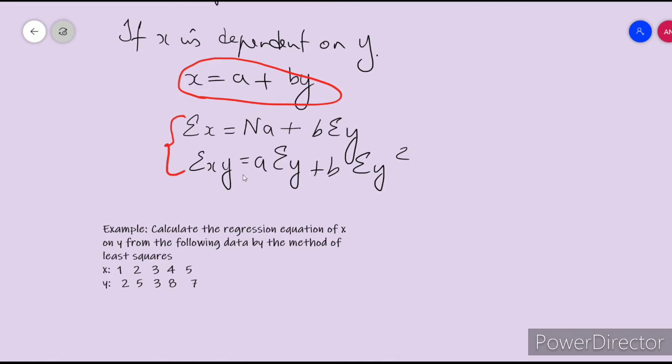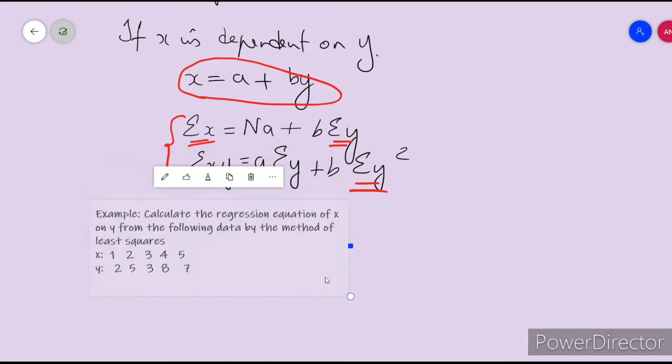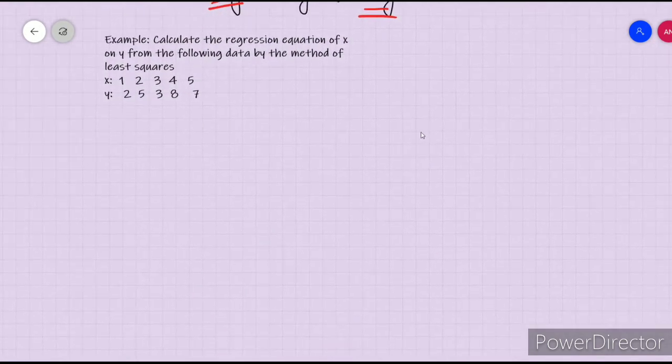The values we need to find are n, which you will already know from the number of observations, summation x, summation y, summation xy, and the summation of y square. They will help us in solving for a and b.